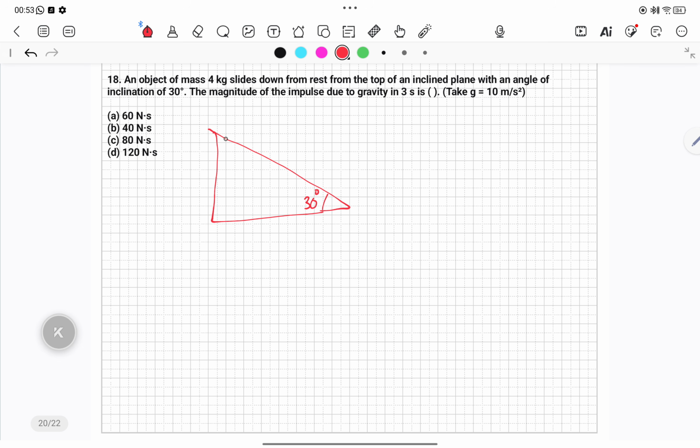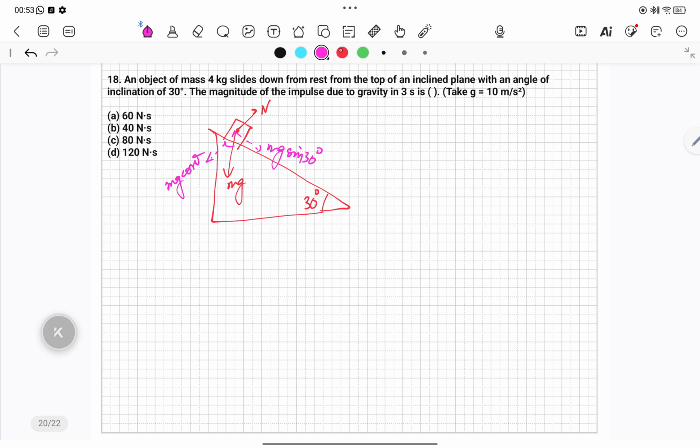An object of mass 4 kg. The forces acting on this object will be normal reaction and the gravitational force. Now we will divide the component. This will become theta, and this is mg cos 30° and this is mg sin 30°.